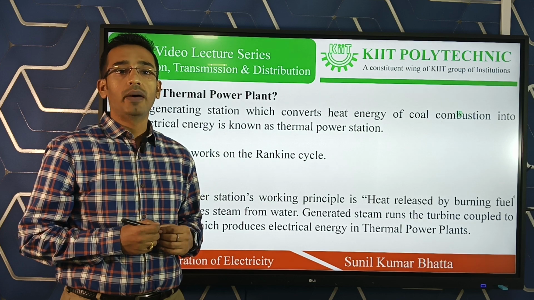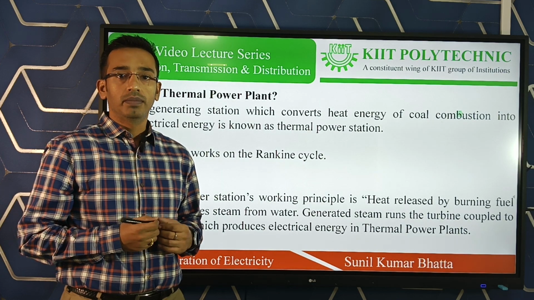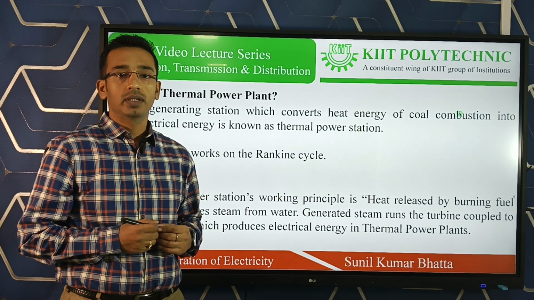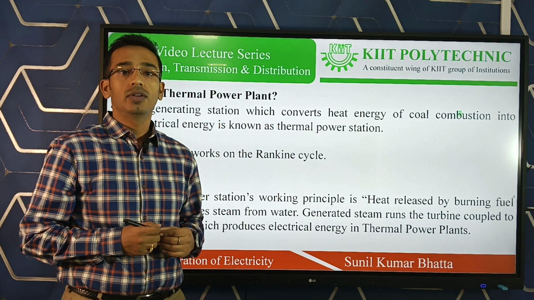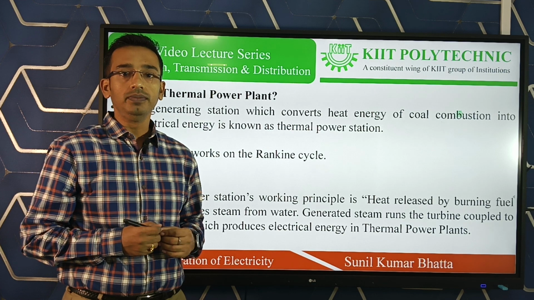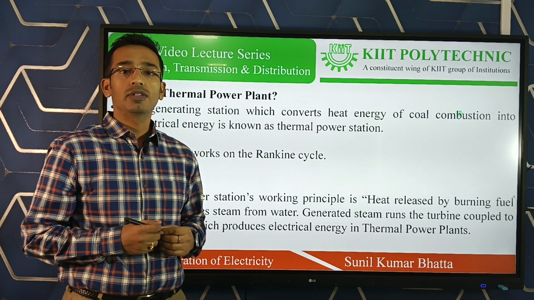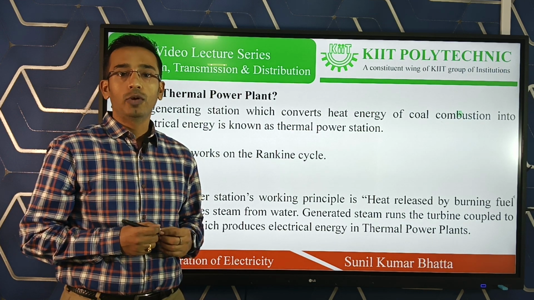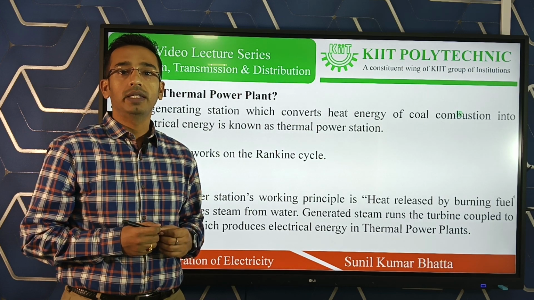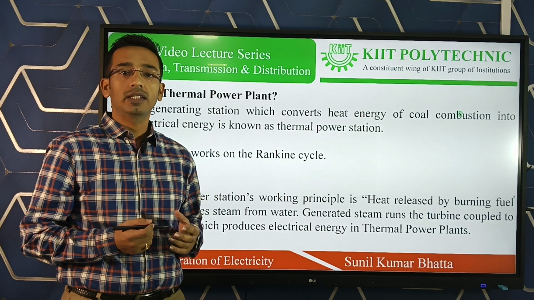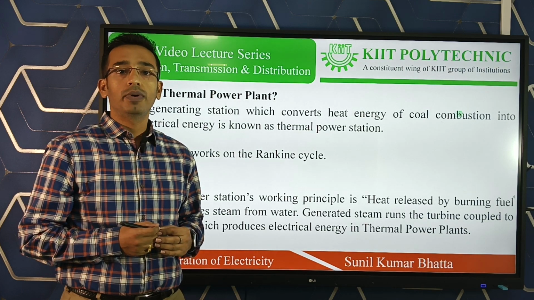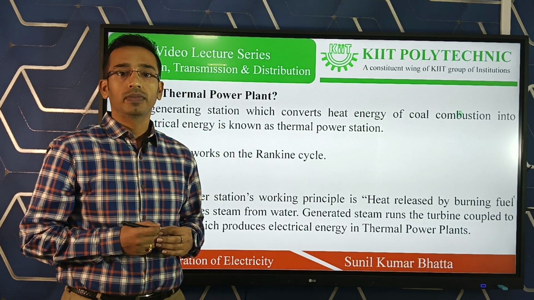So the generation of power is done by two sources. Two sources means one is conventional source, second is non-conventional source. We know the conventional sources of power are hydro power plant, thermal power plant, nuclear power plant, gas power plant, diesel power plant. These are the power plants based upon the conventional source.